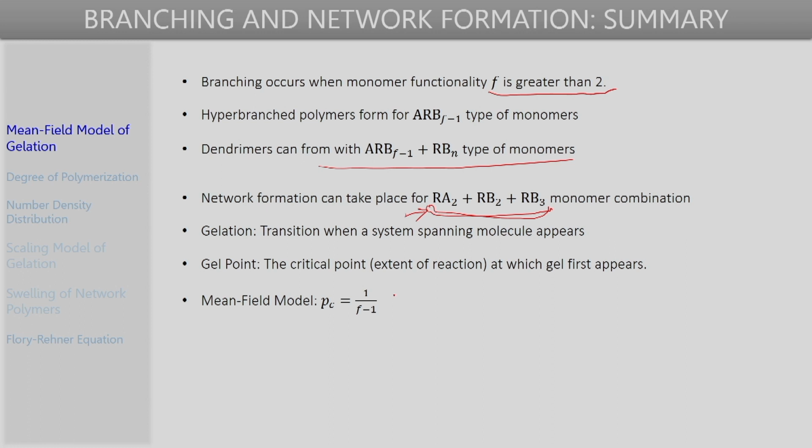This system-spanning molecule has connectivity across the entire macroscopic system. The gel point marks this gelation transition, and the extent of reaction corresponding to the gel point is referred to as pc. The mean field model predicts this pc as 1 over f minus 1, and it can be used to obtain other relations for the number average and weight average degree of polymerization, as well as the number density distribution.